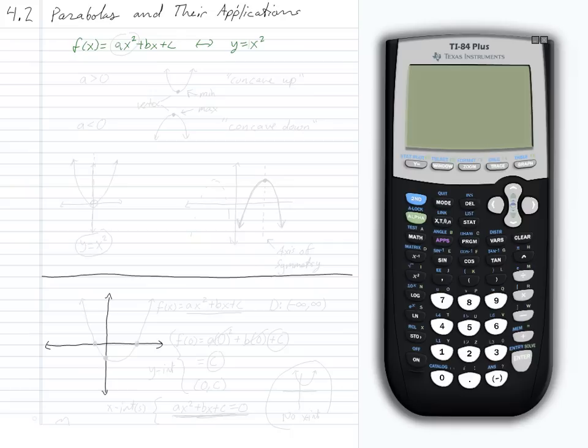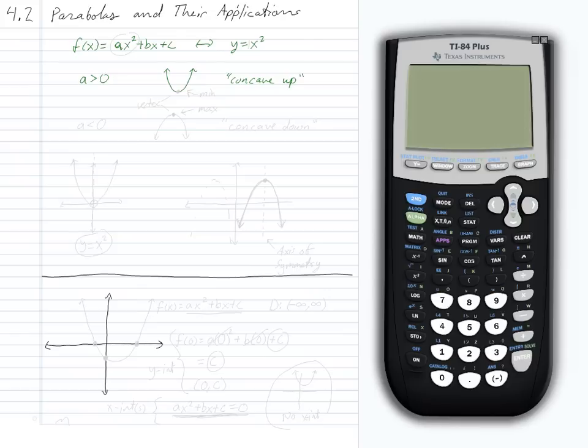Our first manifestation of this transformation: if we have a parabola where a is greater than 0, our parabola is going to open upwards. We'll say it's concave up, just like y equals x squared, which has a positive leading coefficient.